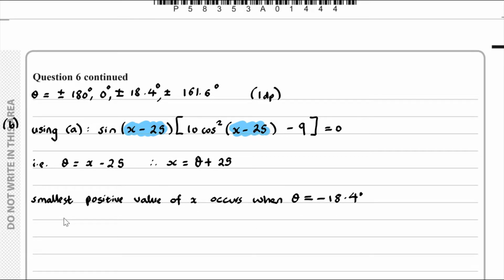And therefore, what we can see then is x is equal to minus 18.4 plus the 25 from here, and therefore x is equal to 6.6 degrees to 1 decimal place. So this is our smallest positive solution. Okay.